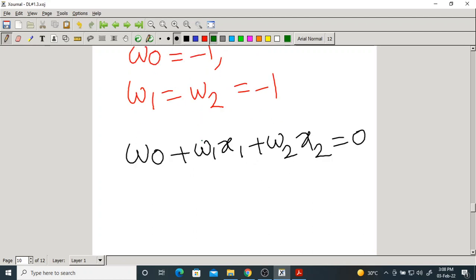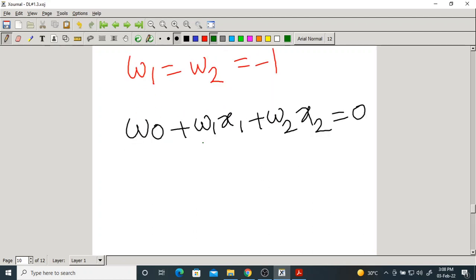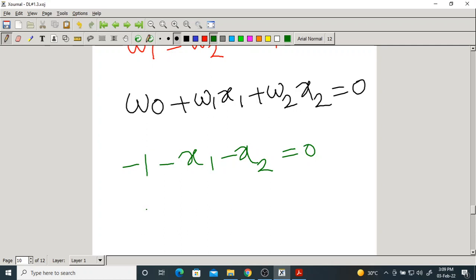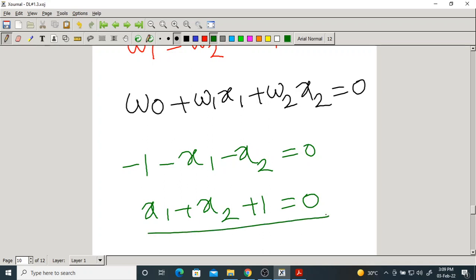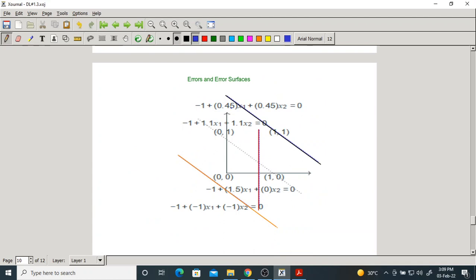In this case, all are minus 1s: minus 1 minus x1 minus x2 equal to 0. Now the line is x1 plus x2 plus 1 equal to 0. This is the separating line. If you draw the line for this geometry, it is somewhere here.